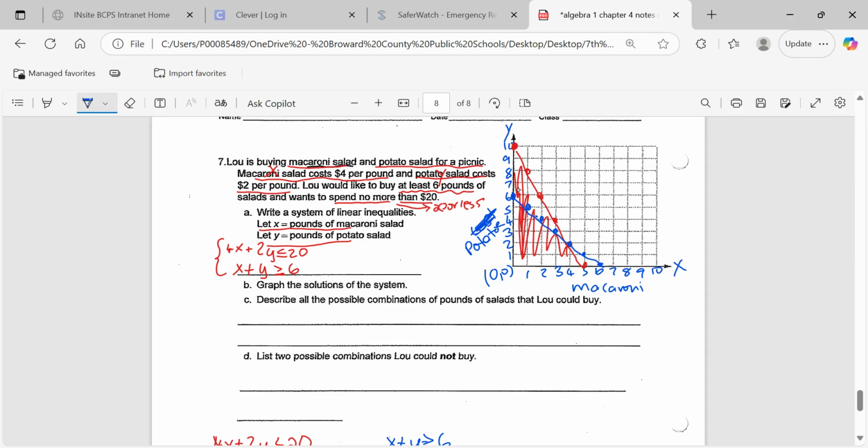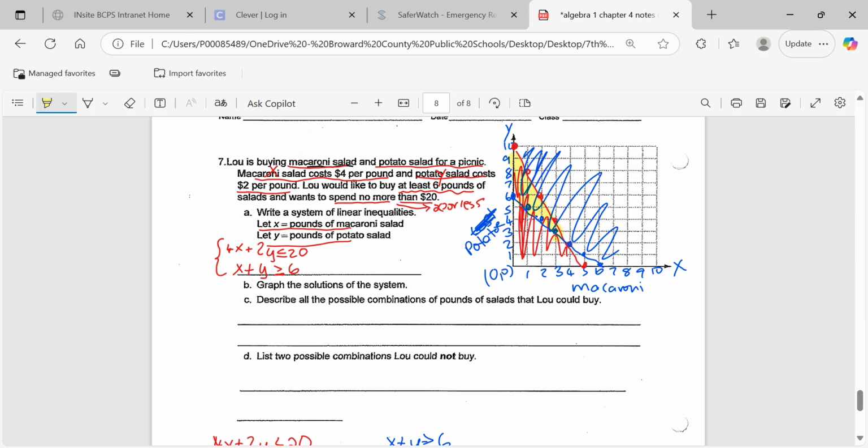And since it's greater than, I'm going to go ahead and shade above. So this now tells me that right in here, this will be my solution. The highlighted portion is my solution. That's where the blue and the red overlapped.